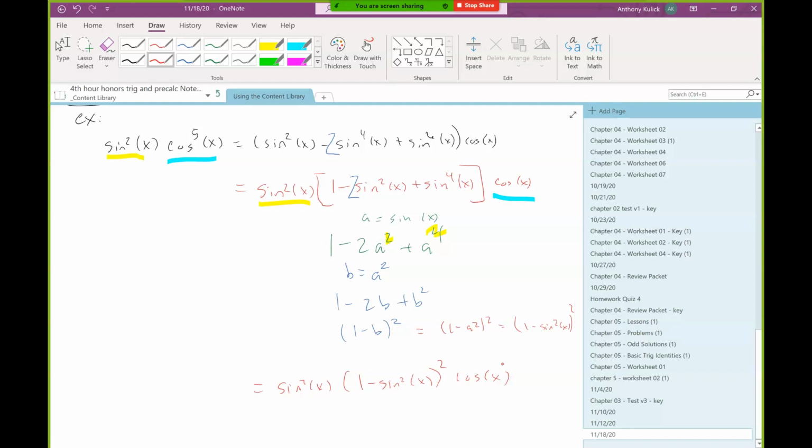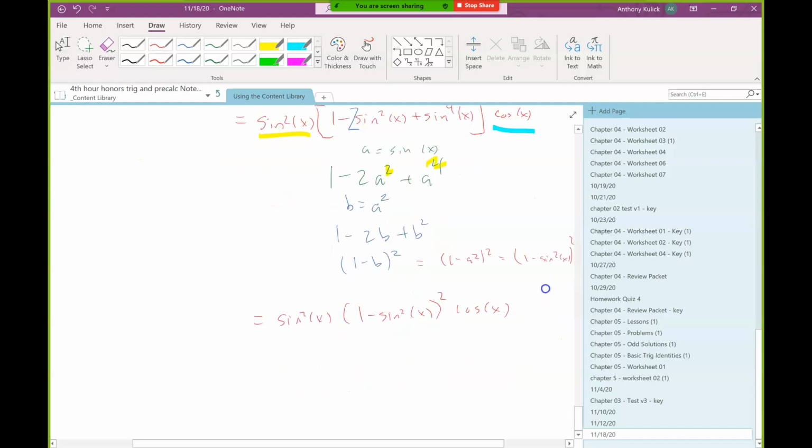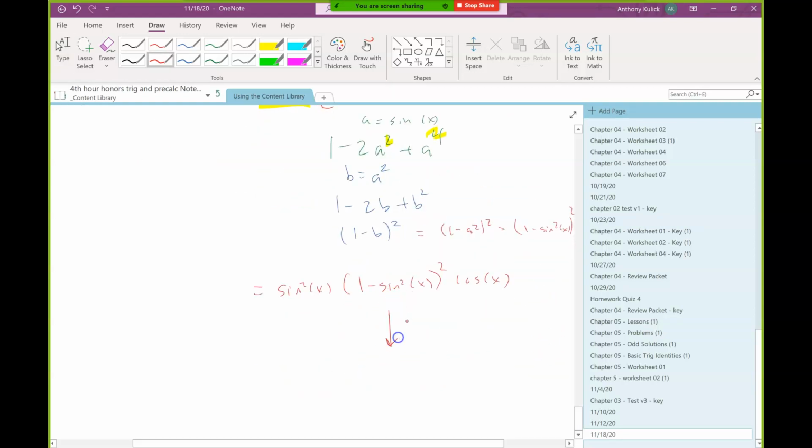And wait a minute, 1 minus sine squared x. We've run into that a couple of times already today, right? That was our modification of P1 the first time that we did that. 1 minus sine squared is cosine squared.